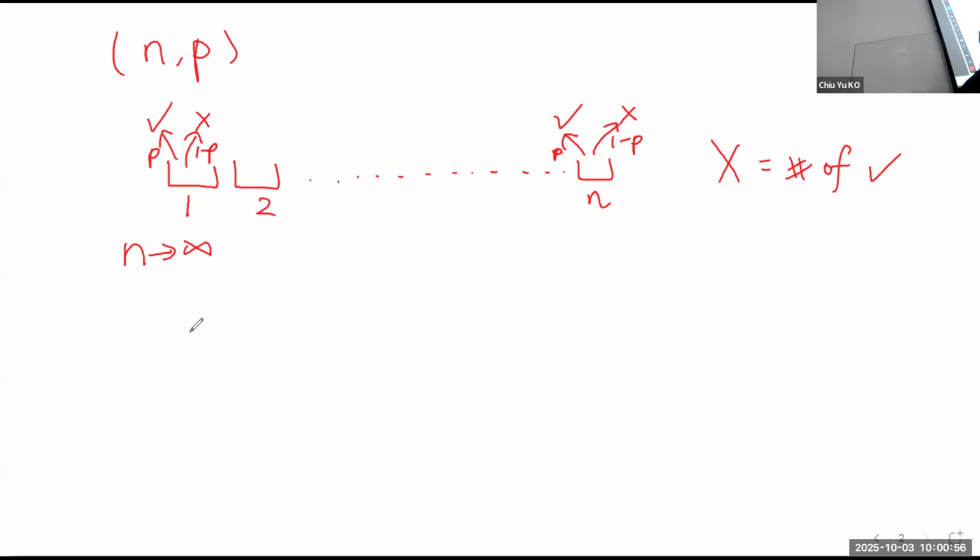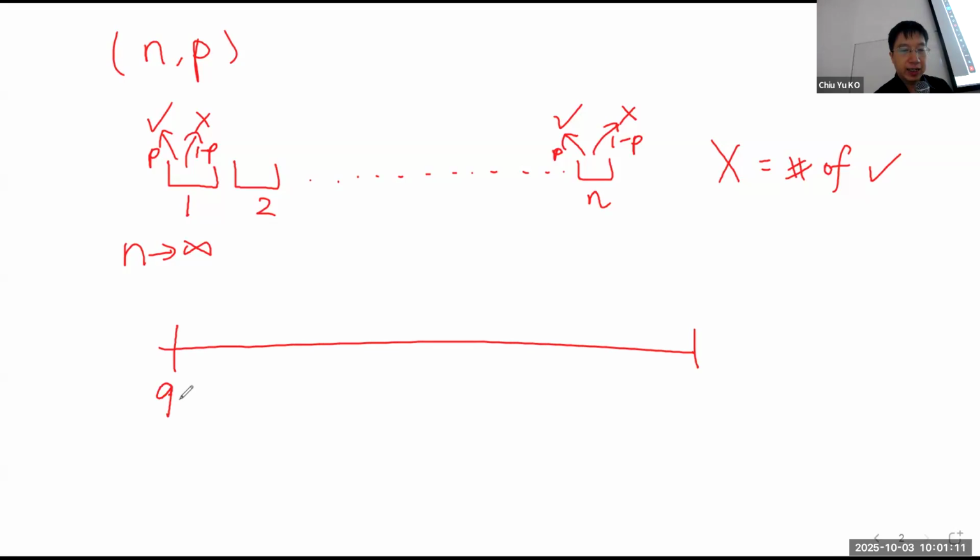Go back to the restaurant business analogy. We have a time period of a restaurant, and maybe the restaurant operates from 9 a.m. to 5 p.m. That is going to be 8 hours, right? 8 hours.